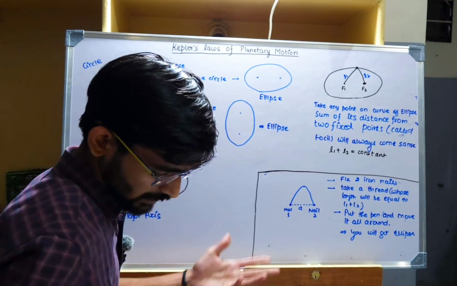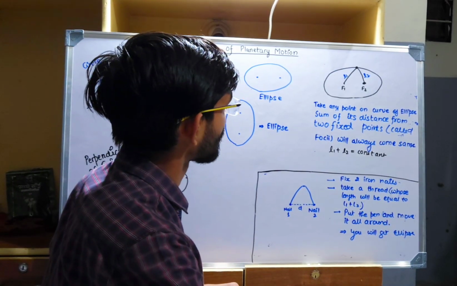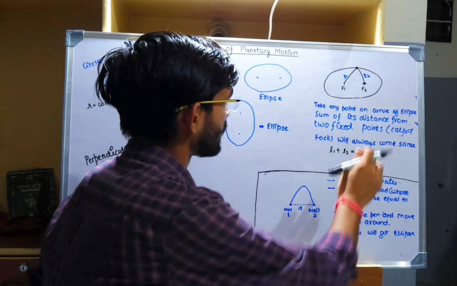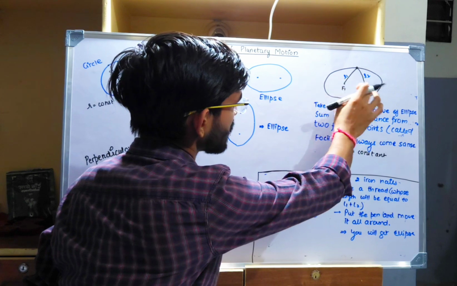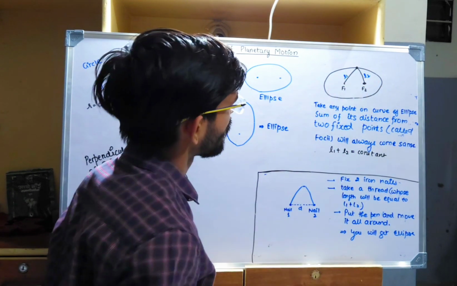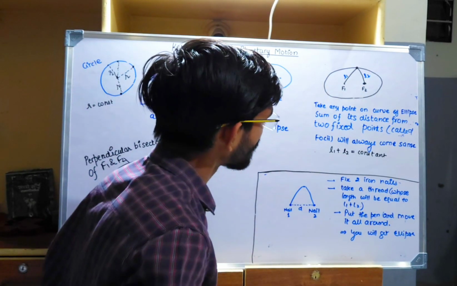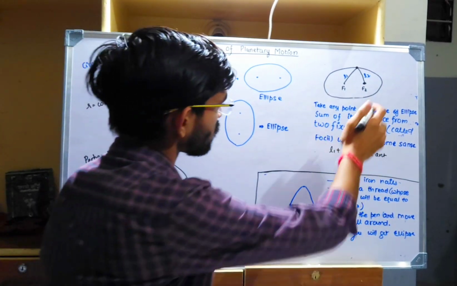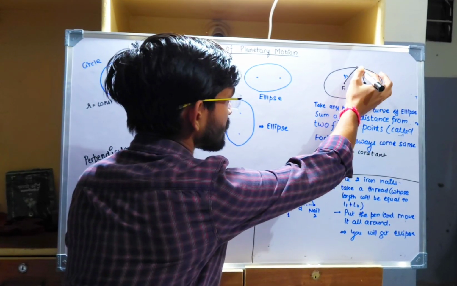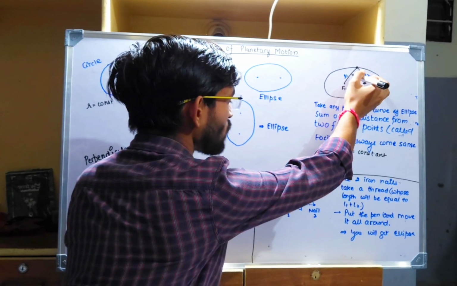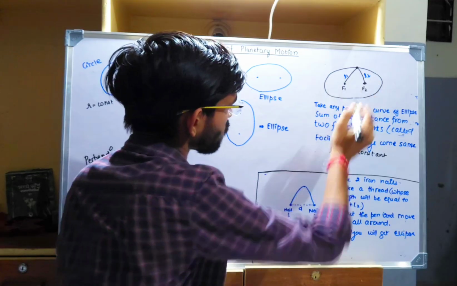But in case of an ellipse, how do we define an ellipse? Take any two fixed points. We are taking two fixed points, F1, this is focus 1, and this is focus 2. Combinedly we say foci. Foci is basically the plural of focus. So you can take any point on the curve of the ellipse and try to find the sum of its distance from the two fixed points, focus 1 and focus 2.